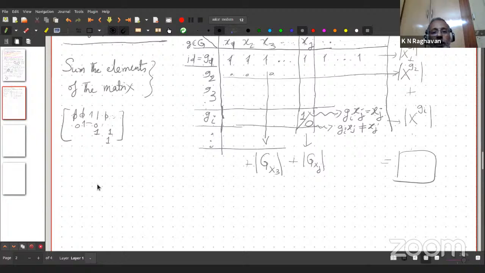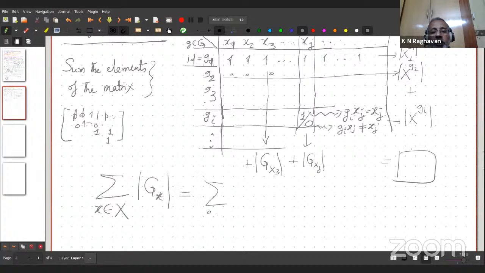So what can I write? I can write the sum over all x in X of the stabilizer of x is equal to the sum over all elements g in G of the fixed points of g. This is what I get from this.